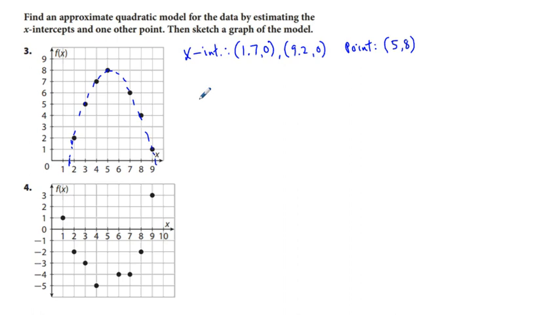Now, writing out an equation, if we use the factored form, since we have the x-intercepts, we're going to have a, which we're going to have to calculate. So we're going to have a times quantity x minus 1.7 times quantity x minus 9.2.